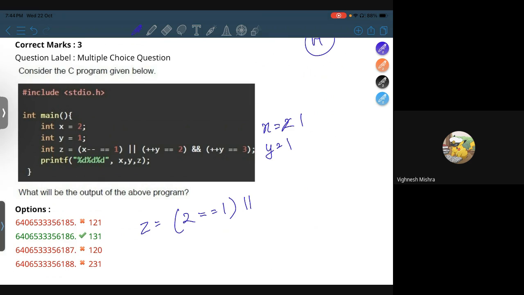Then it will check the OR condition, the other condition. Y becomes 2 in this case. 2 double equal to 2 is true. Then plus plus Y again, so it becomes 3, and 3 is equal to 3.